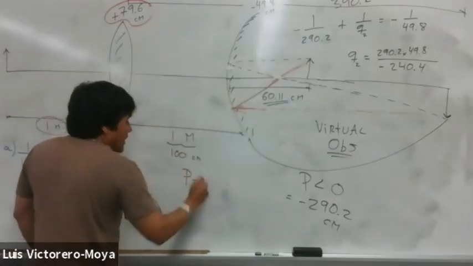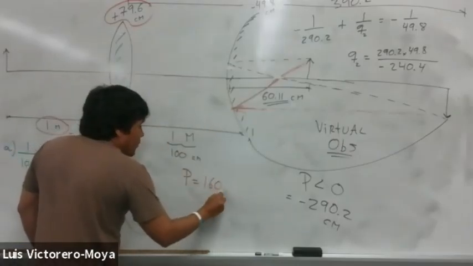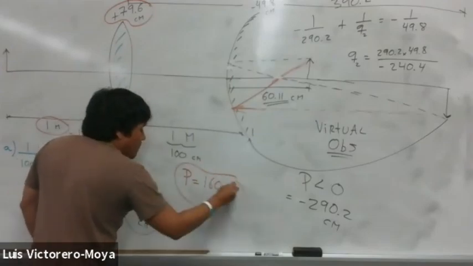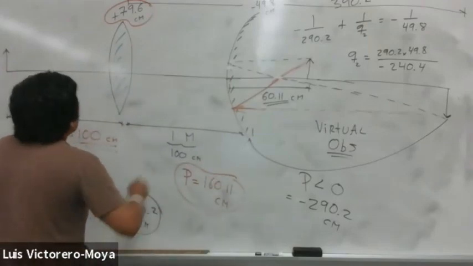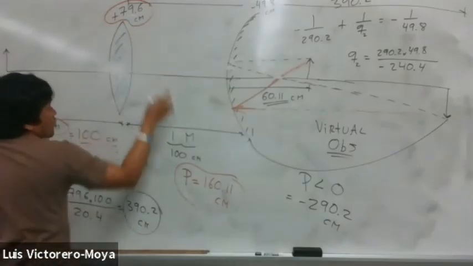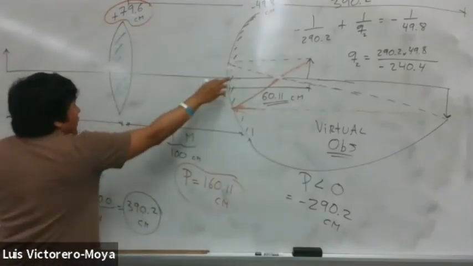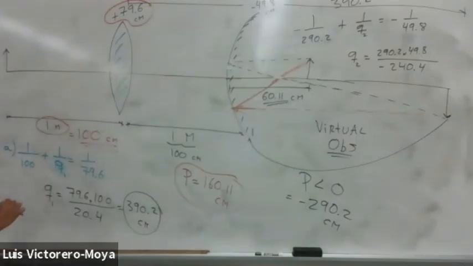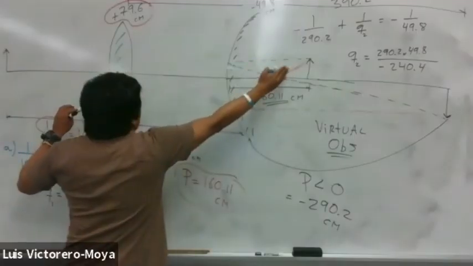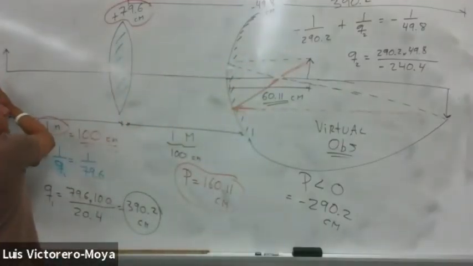So that will be 100 plus that, 160.11, and then we have the focal length. This combination of these two will give you the position of the final image. And Q will be positive.